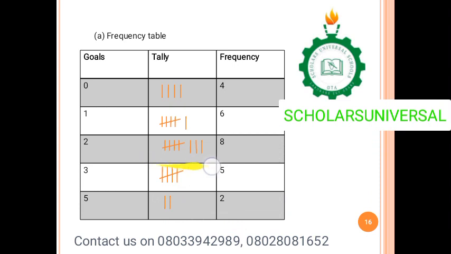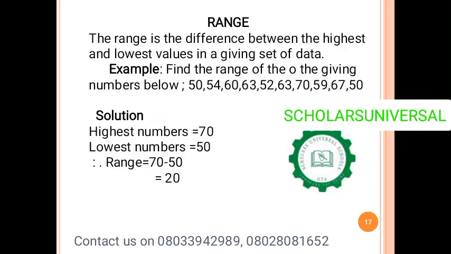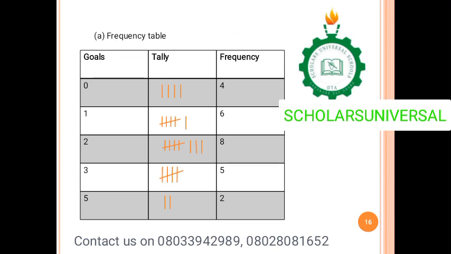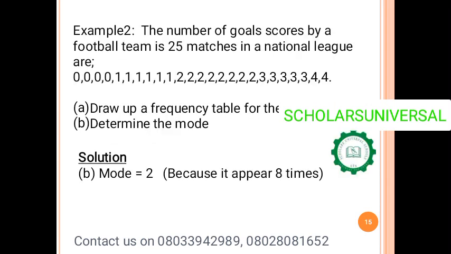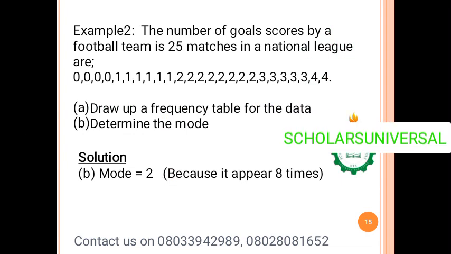The one with the highest frequency is 2, with a frequency of 8. So the mode is 2, and it appears 8 times. So we have determined the mode, and the frequency table is here.